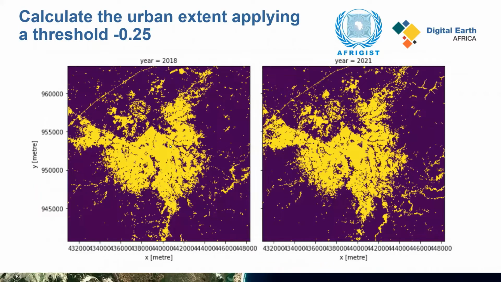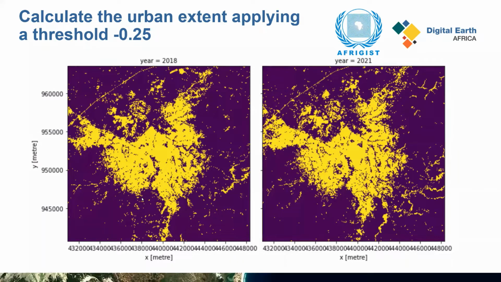When you create a threshold, the threshold says from these indices at minus 0.25, anything superior to minus 0.25 should be considered as urban area, and all the others are not urban.